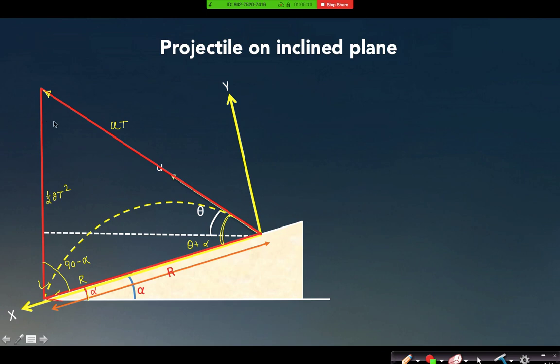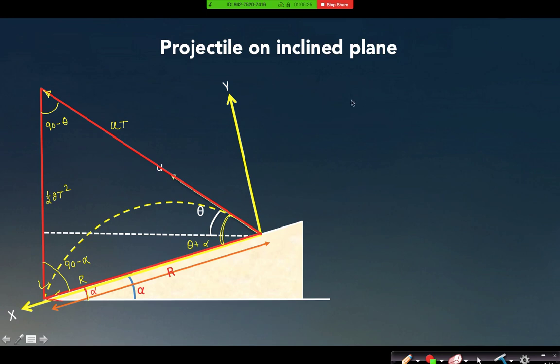And what is this top angle? 90 minus theta.